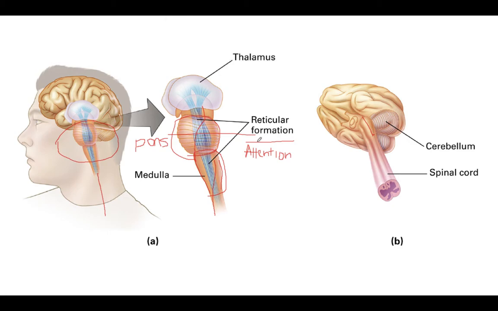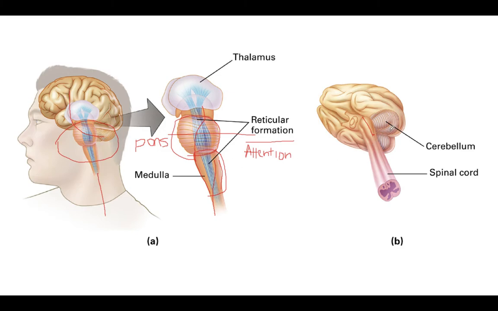The name given to that system in the reticular formation is something called the reticular activating system. So that's the three structures on the brainstem. The pons has one more function. It acts as a bridge between the cerebellum and the cortex. So communication between the cerebellum and the cortex goes back and forth through the pons.